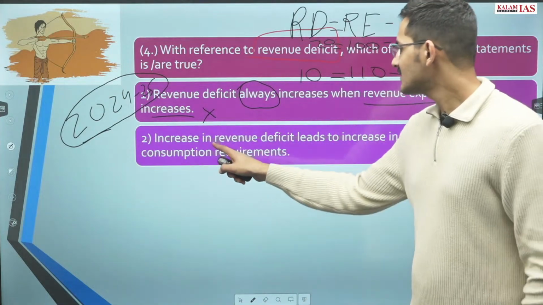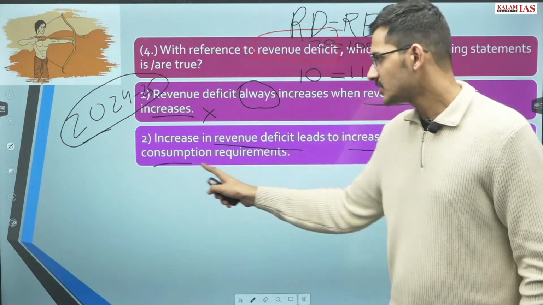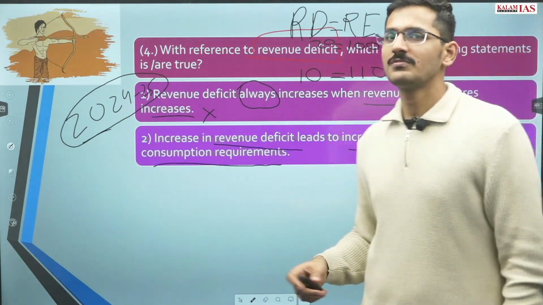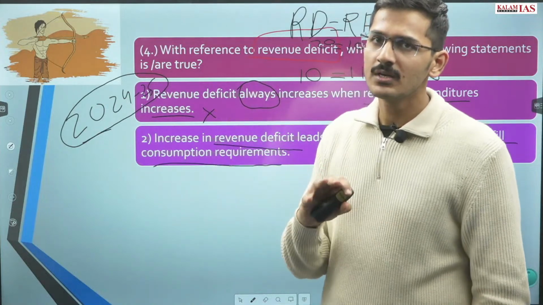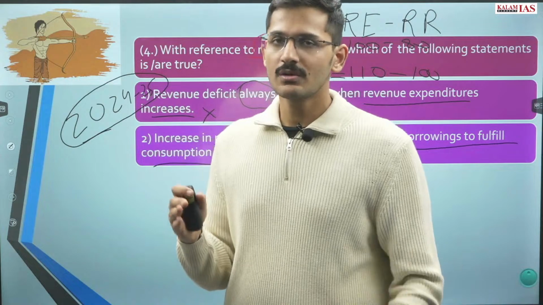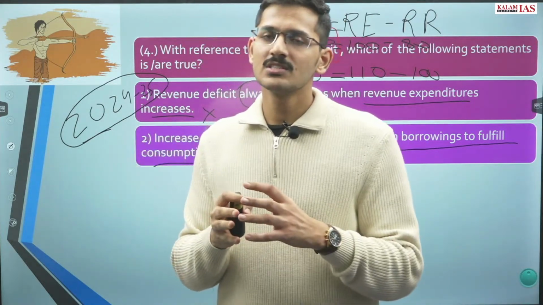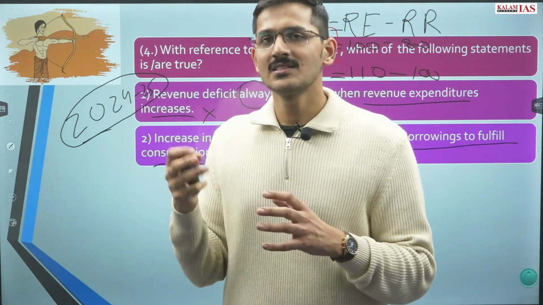Next is, increase in revenue deficit leads to increase in borrowings to fulfill consumption requirements. This is the correct statement, because if there is a revenue deficit, it has to be fulfilled in some way, either by disinvestment or by borrowings. We have already considered revenue receipts. What are the other receipts that the government of India can have?